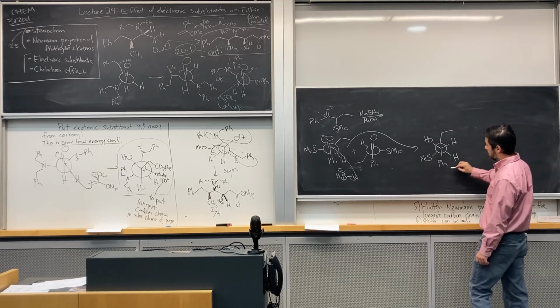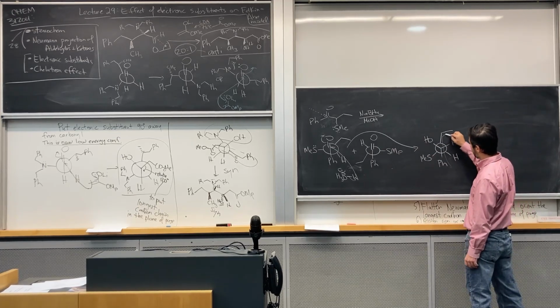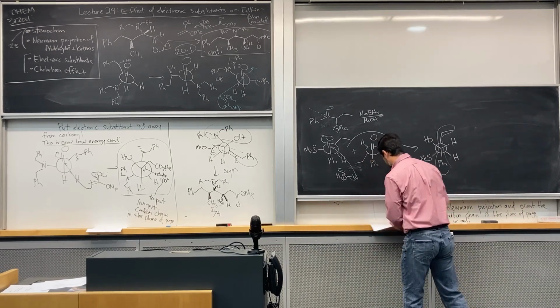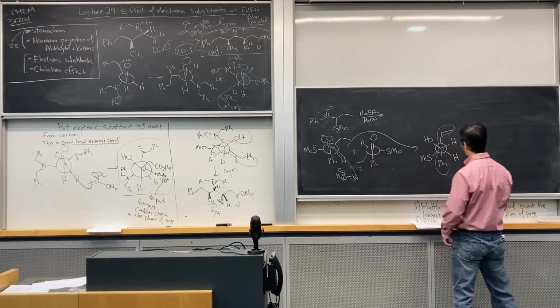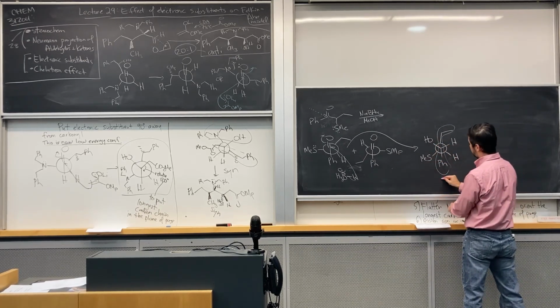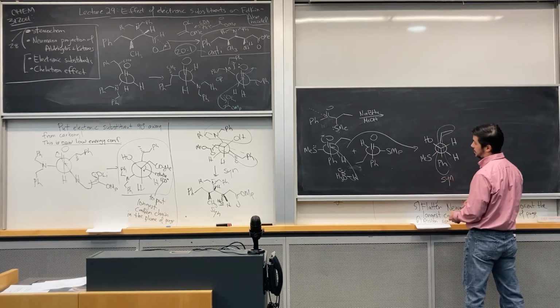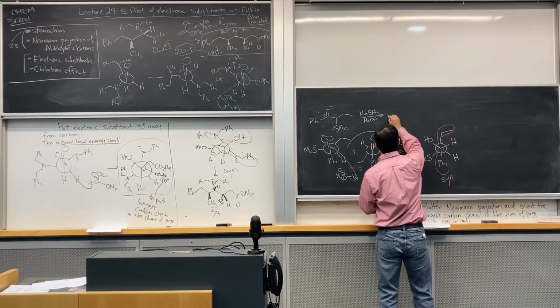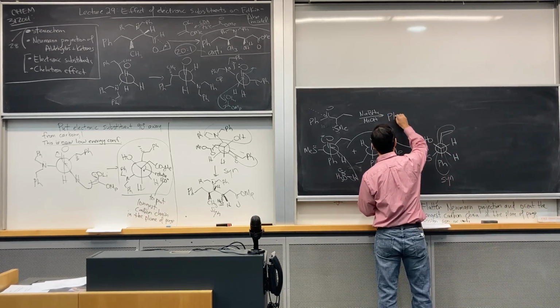We're lucky we have our longest carbon chain in the plane of the page. If we assign this, you can see that the OH group and the thiol-methyl group are on the same side, so that's called syn. If we draw what the product will look like, it's going to look just like this.